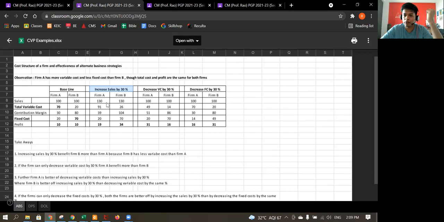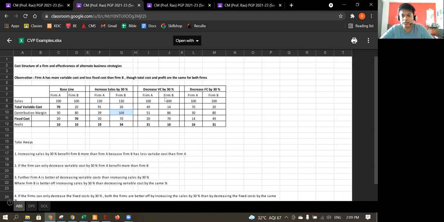So if I increase the number of units that I sell, my sales will go up, my variable cost will also go up because variable cost is also linked to your number of units. Ultimately your contribution goes up, but the PV ratio will still be the same. 104 divided by 130 will still be 80%. Obviously fixed cost is the same, so that's why profit will increase.